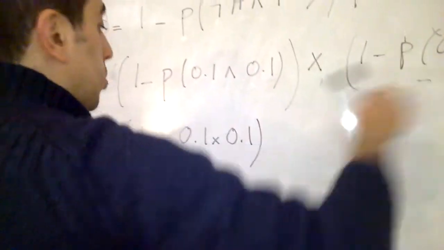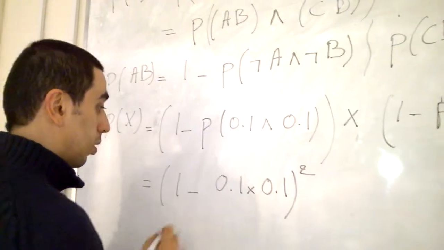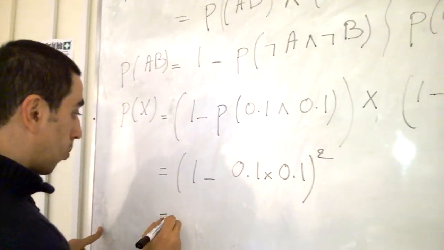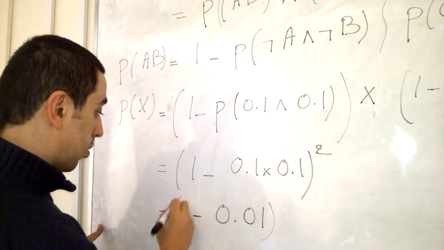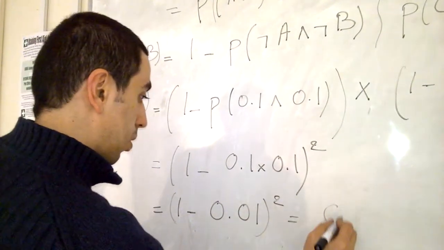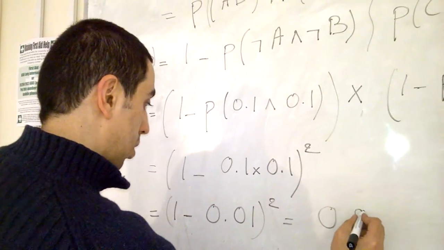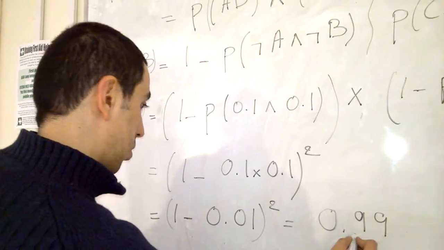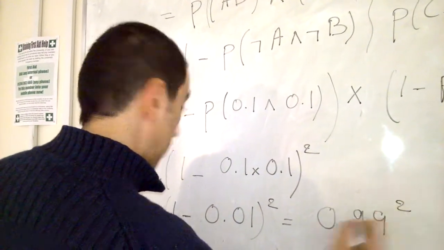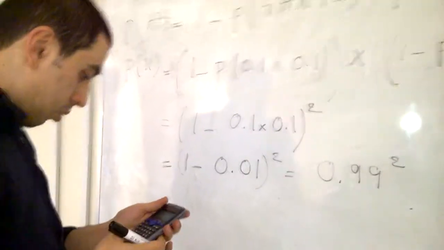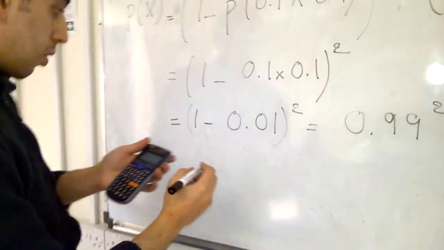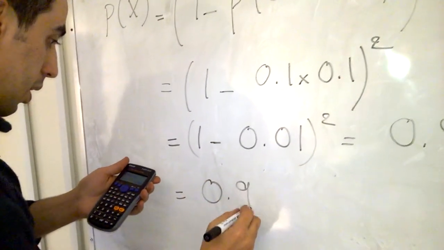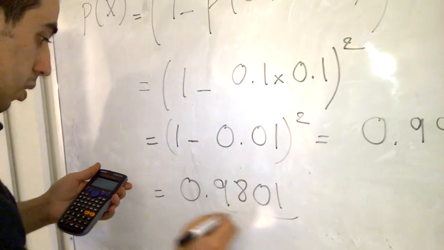And it's the same, so we just square it, which means 1 minus 0.01, squared, which is 0.99 squared. Using the calculator, it is 0.9801. That is the answer.